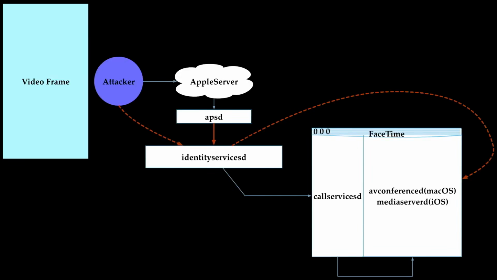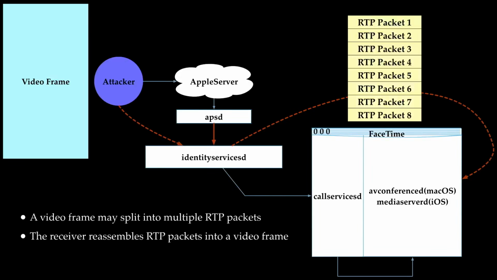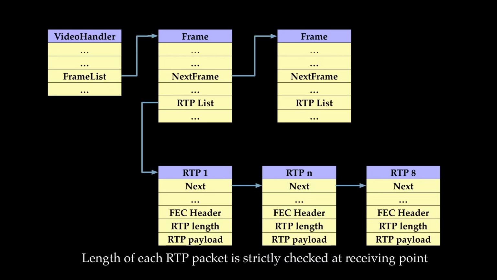If a video frame is very large, it may be split into multiple RTP packets and sent to the other side. The receiver will reassemble such RTP packets into a video frame. This picture shows how the video frames and RTP packets are organized. There's a list for different frames, and for each frame, there's a list for different RTP packets.